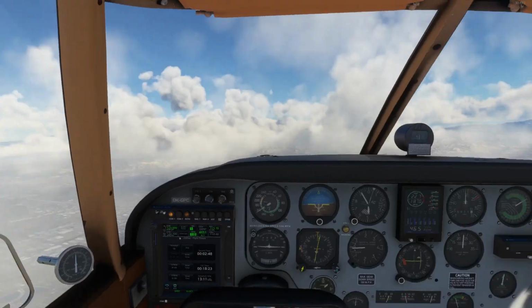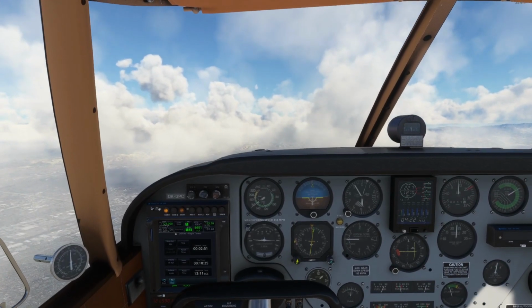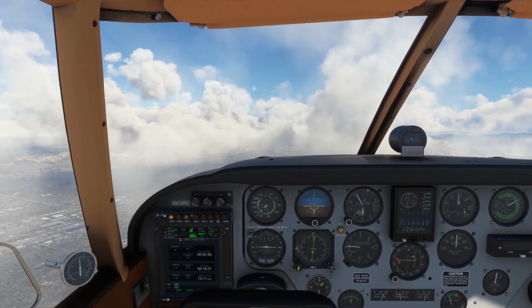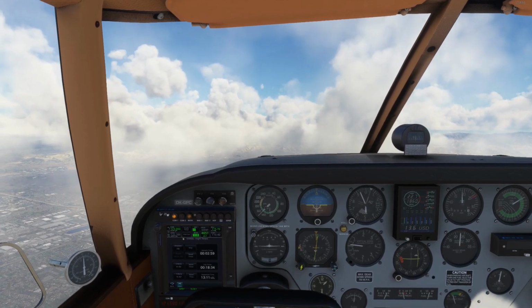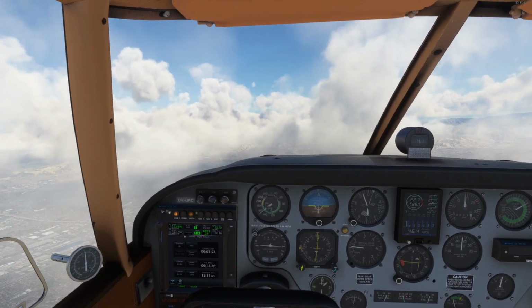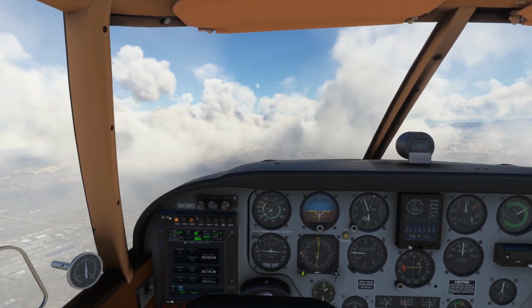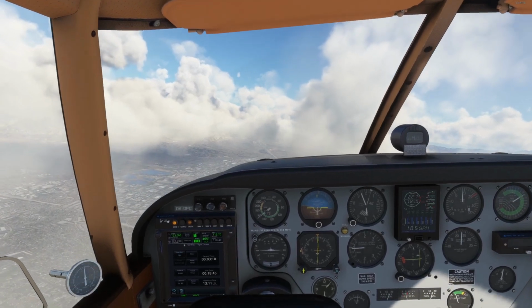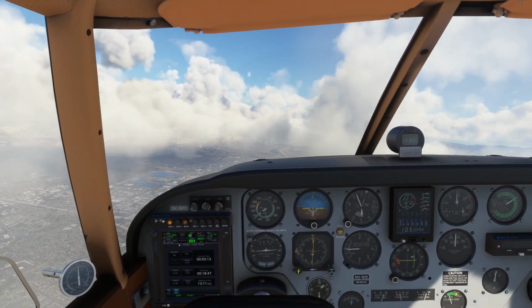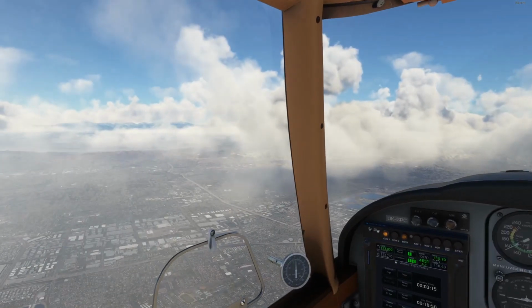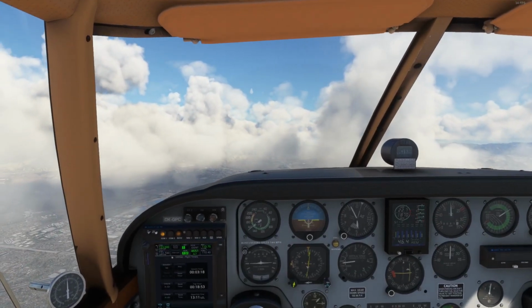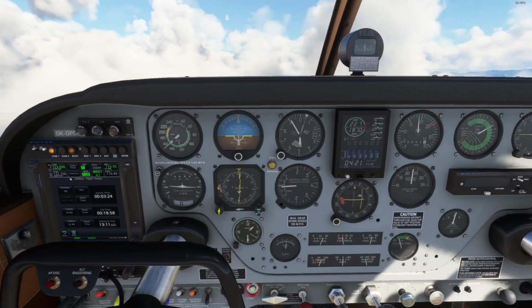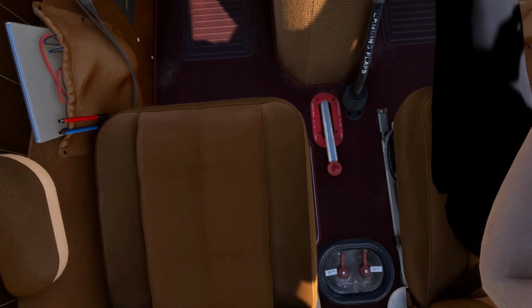Yeah, a little bit of clouds there. Fuel wise, let's go to the left tank.